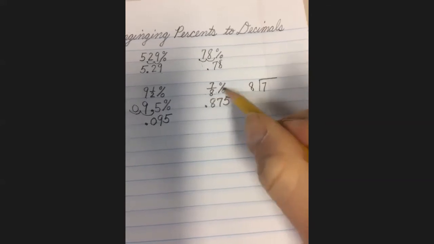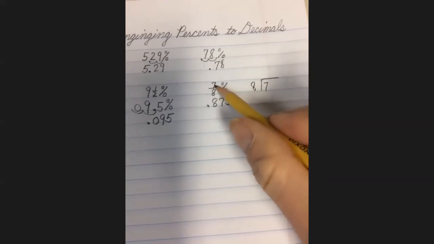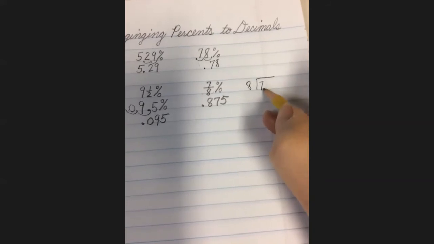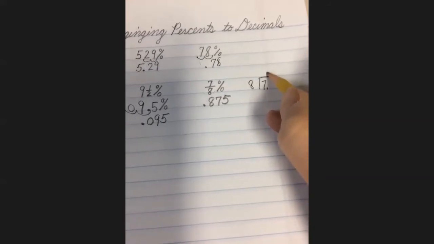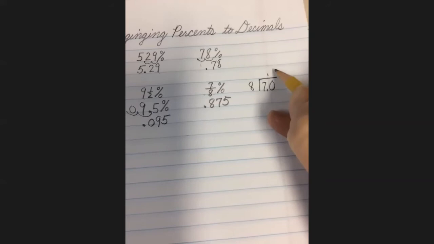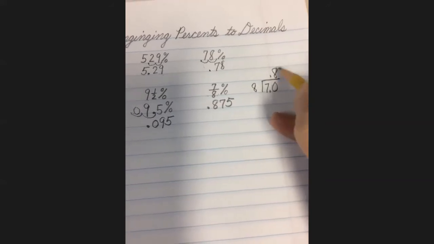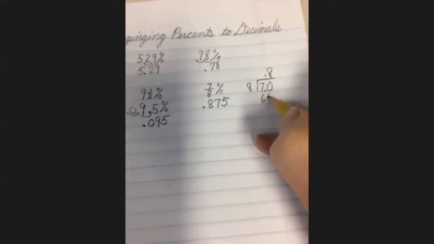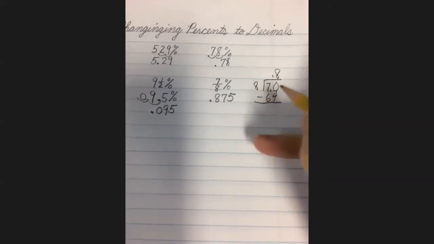The denominator goes outside, and the numerator goes inside. And then, of course, you would figure it out. Is it 8? 8 times 8 is 64. See, and that is how you would do it.